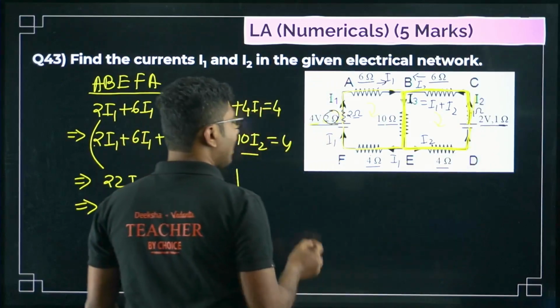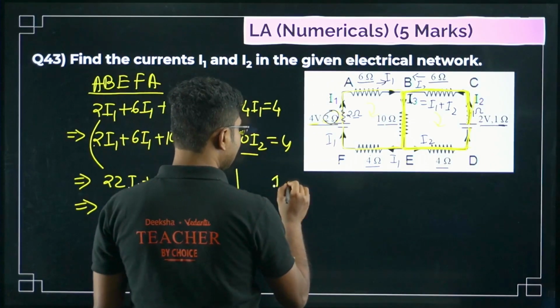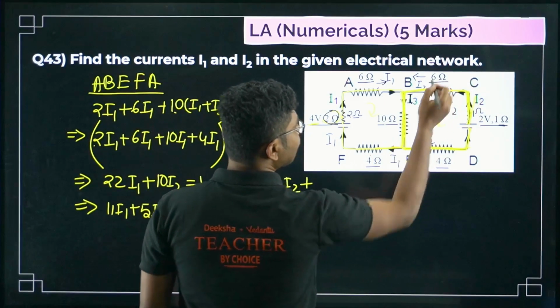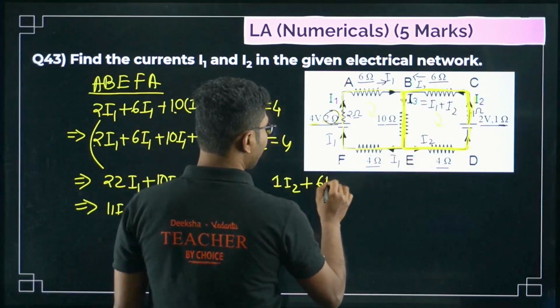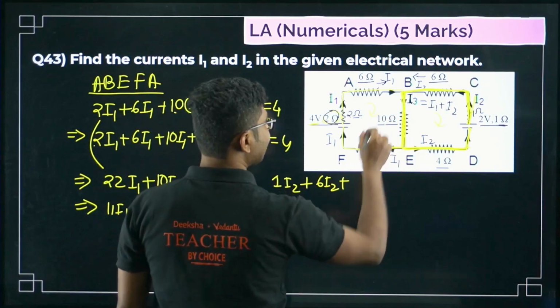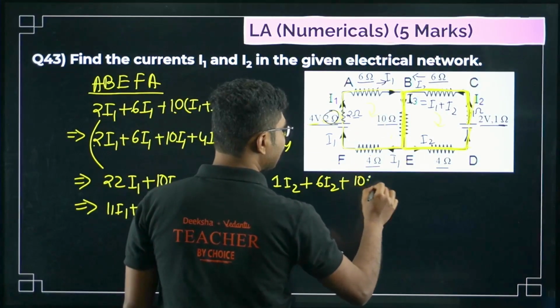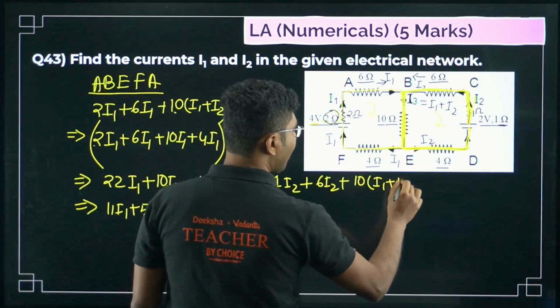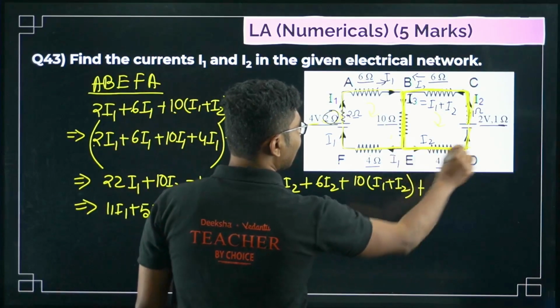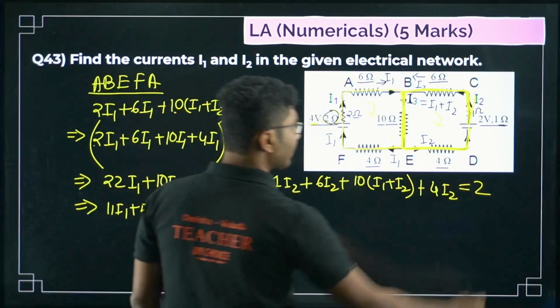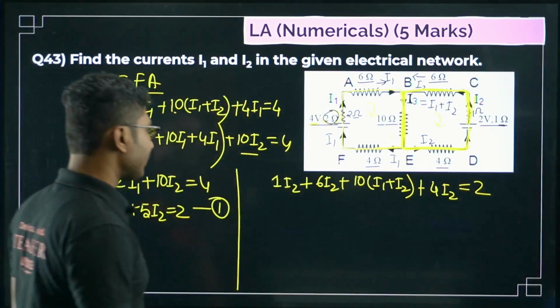First is this internal resistance, 1I2, plus next is this 6I2, plus next, again going in the direction of current, 10I3. 10I3 means 10 times I1 plus I2. Plus the last resistance 4I2, and that should be equal to the EMF because we are going in the direction of the battery.